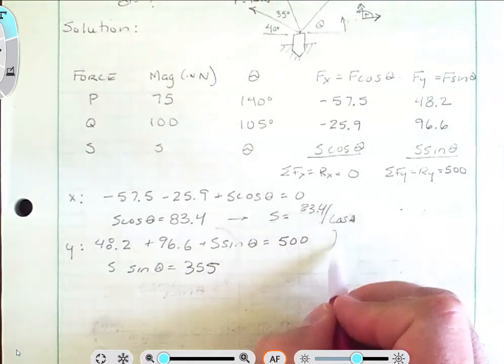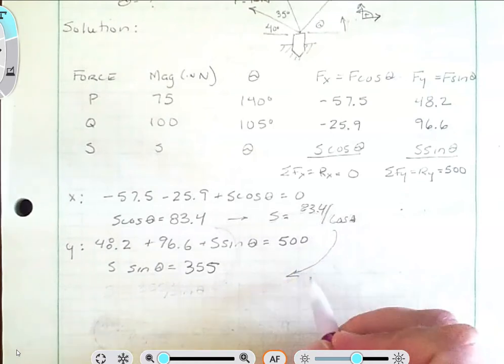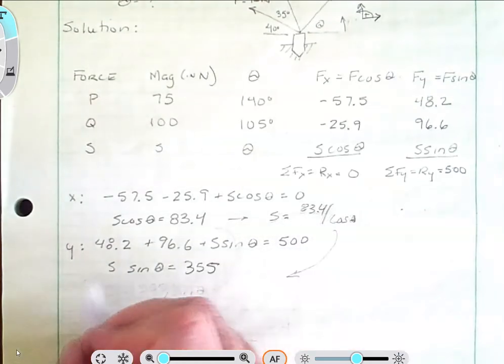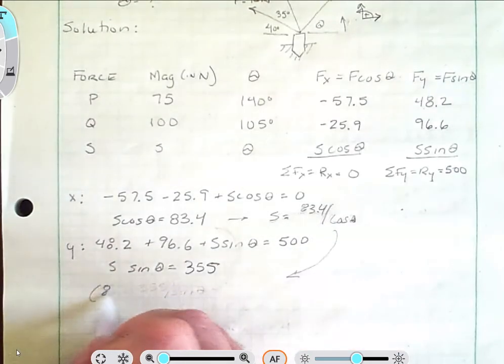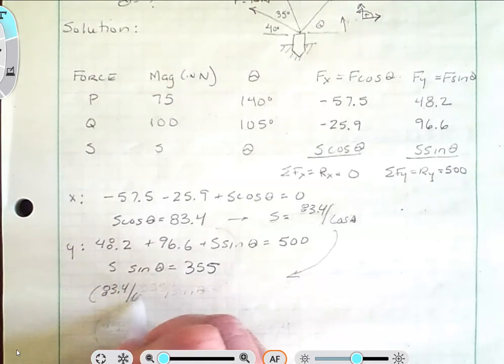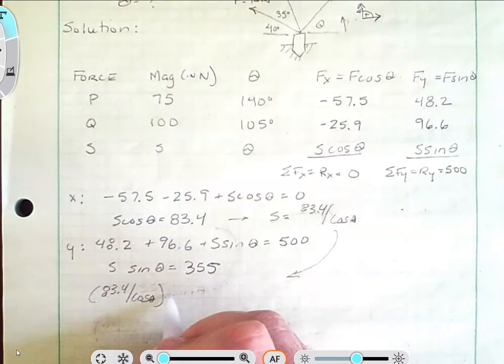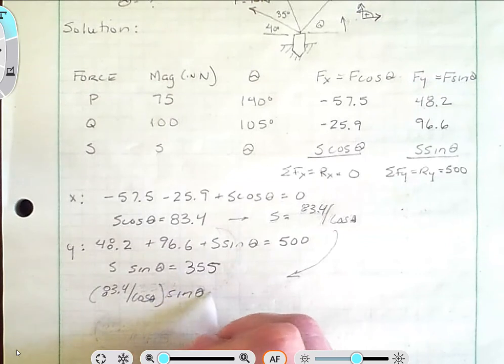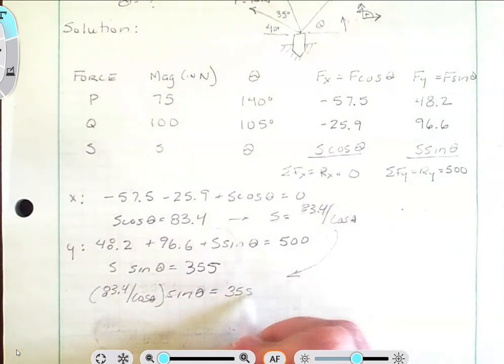If you then take that and plug it into the equation down here, you have for S, 83.4 divided by cosine theta times sine theta is equal to 355.